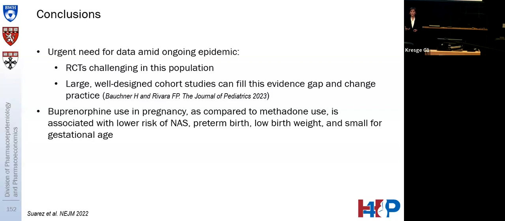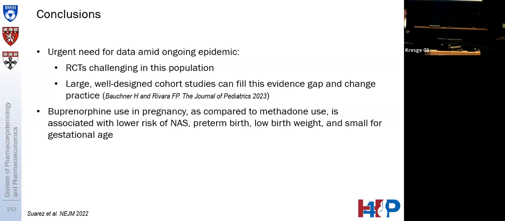So to conclude, in any area of drug safety in pregnancy, and here the opioid epidemic is no exception, there is really an urgent need for data. And as has been discussed, while randomized controlled trials are often the gold standard for getting at a true causal effect, they're often challenging to conduct in this population.